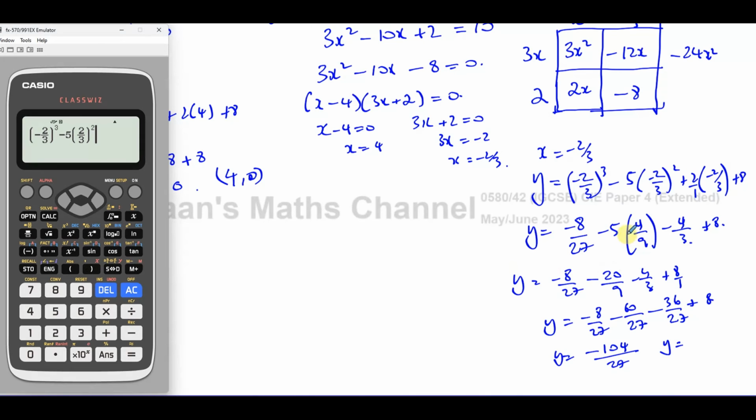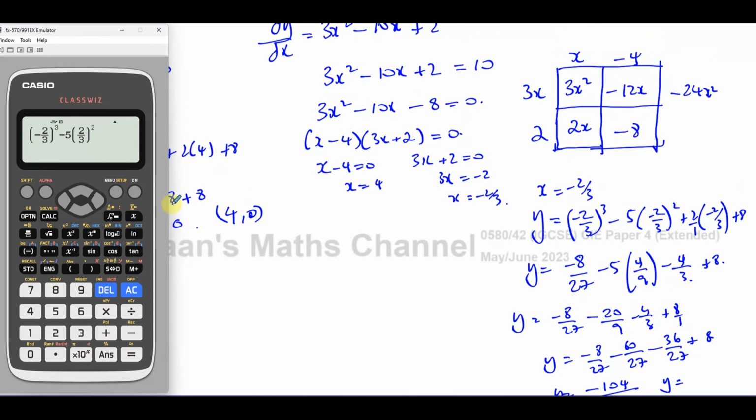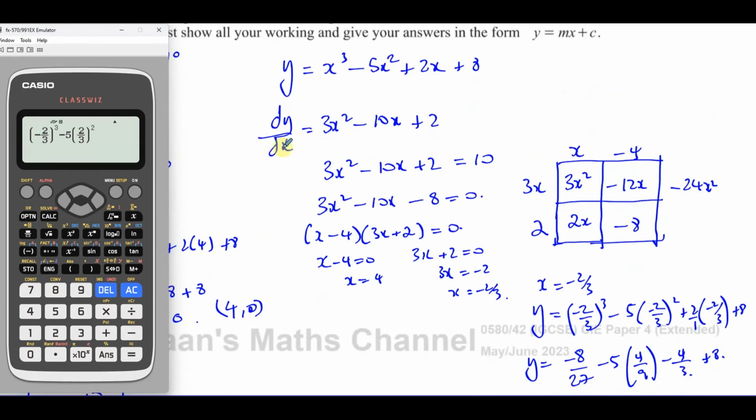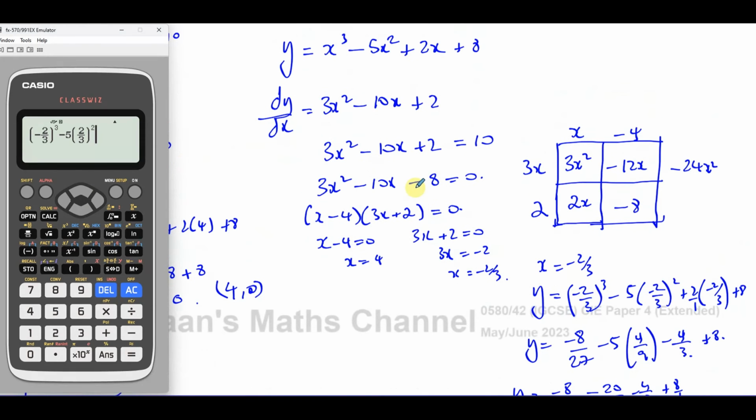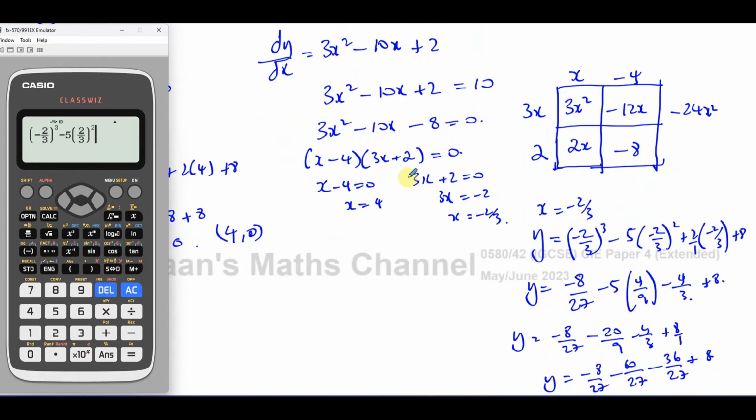And then we're going to have, let me make sure I've done that correctly, plus 2 times minus 2 over 3. Okay, and then we're going to have plus 8.